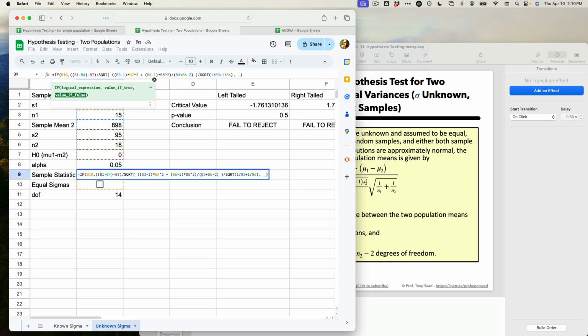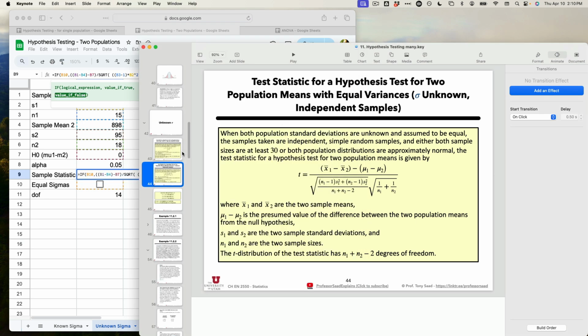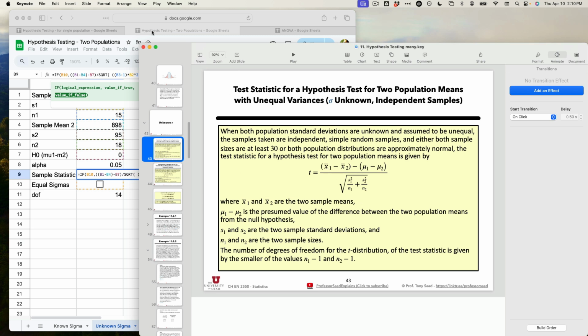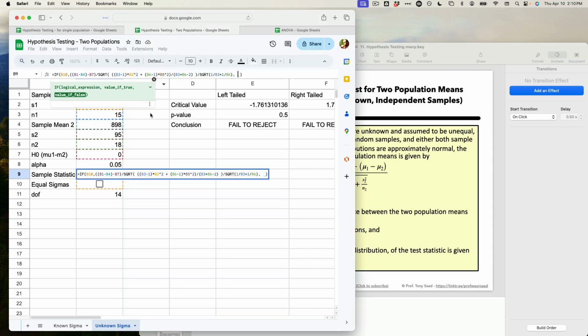Now, when the sigmas are not equal, we have to use the other formula, which is the simpler formula.